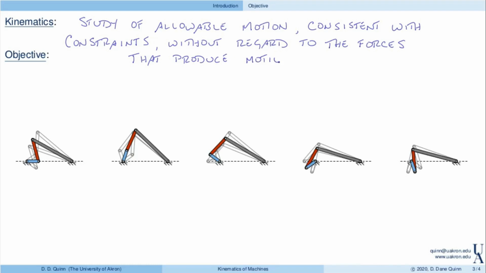So we want to think about input motion and output motion. And that's really the objective of this class. It's to describe the kinematics of machines. So I'd like to relate input and output motions. More generally, we want to relate the motion of one component to another.